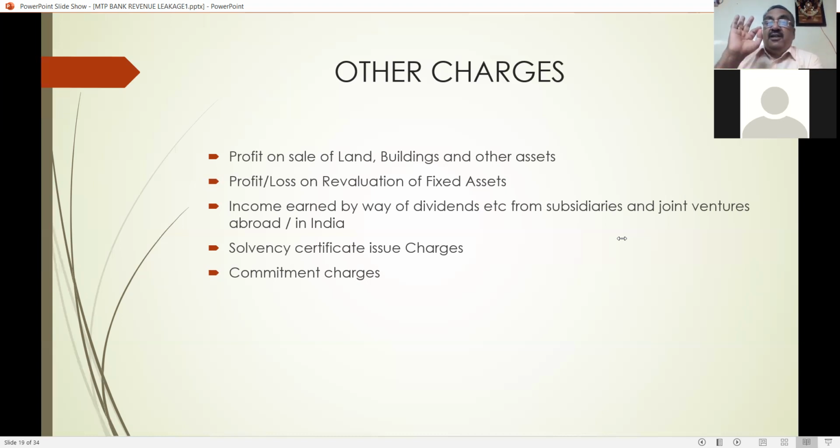Please be careful. In most of the banks, they are not collecting this commitment charge, because sometimes the customer's funds may be with you. Maybe they are having some credit balance, that is, your fund is there at the bank.